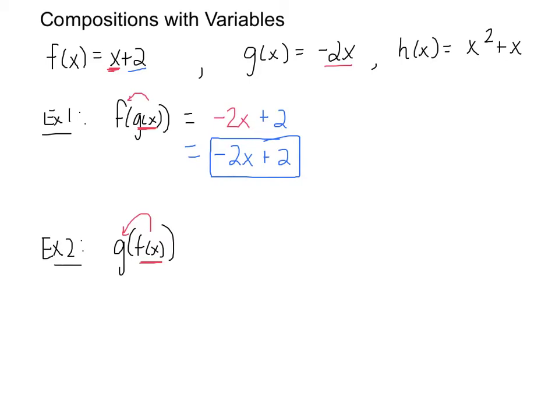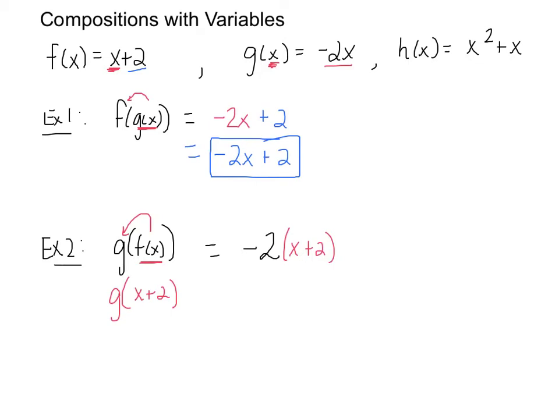My f of x function is x plus 2, so I'm going to plug that in for the x value in my g function. It's going to look like this: I'm going to have negative 2, but then in place of x, I'm going to put the x plus 2.